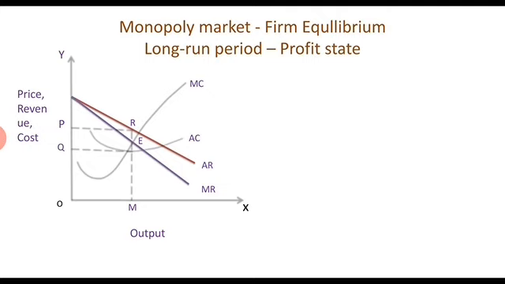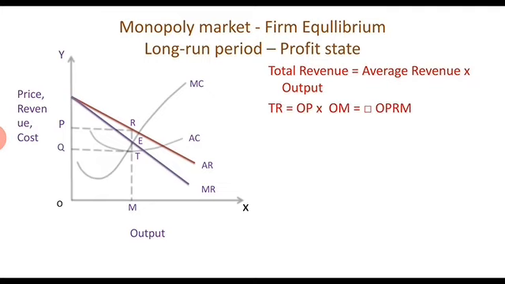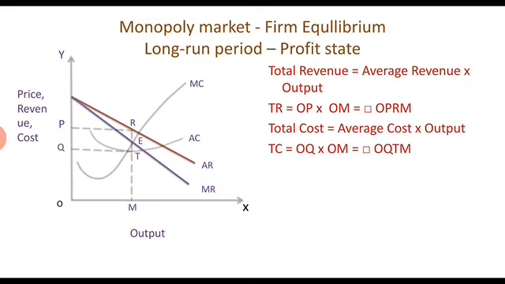Here, total revenue is greater than total cost in the long run. So the monopoly firm can get profit in the long run. If we observe this diagram, total revenue is equal to rectangle OPRM, total cost is equal to rectangle OQTM, and profit is equal to TR minus TC.